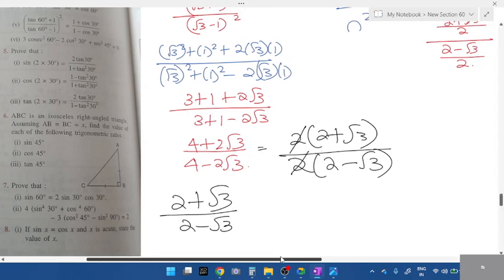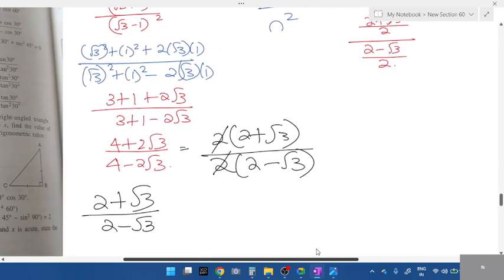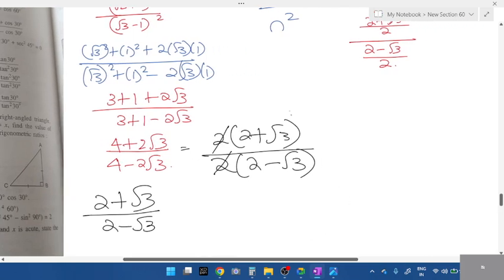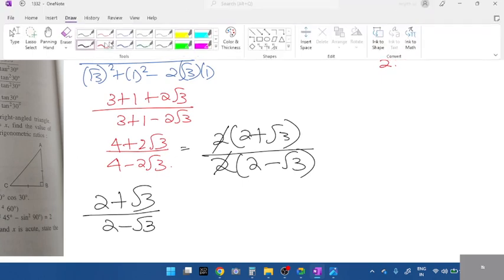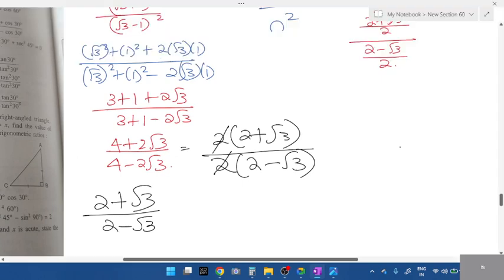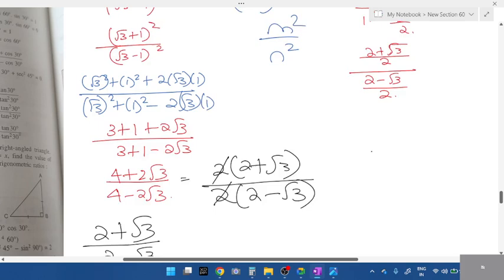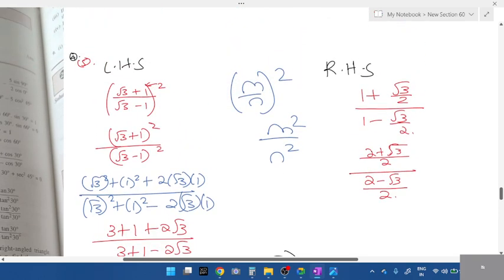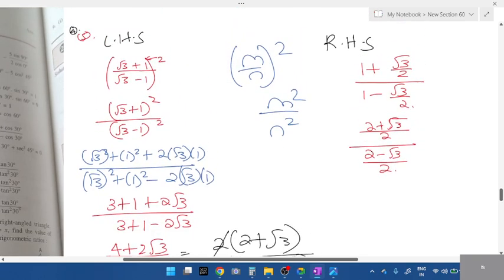We'll check right hand side. Completed left hand side part. Now look at right hand side. Right hand side is very easy, students.